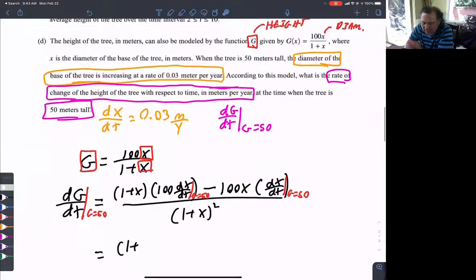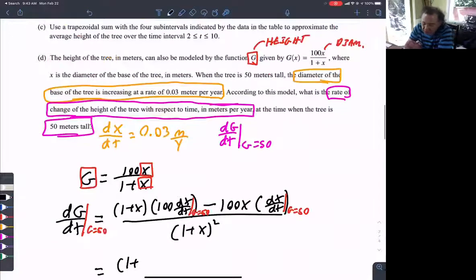So how do I find X? Well, I have this relationship. G is 100x over 1 plus x. Well, if I set G equal to 50, then I can solve for X, because that's the particular time that I want these rates. Well, I'm going to multiply both sides by 1 plus x.